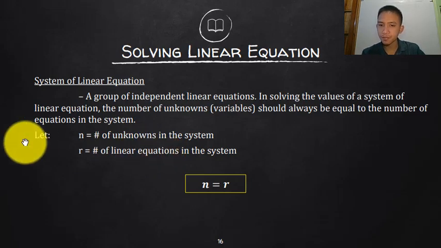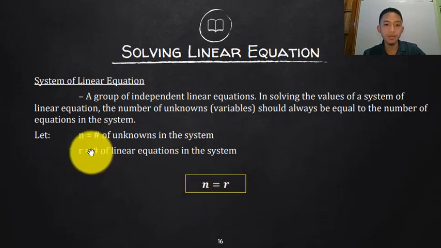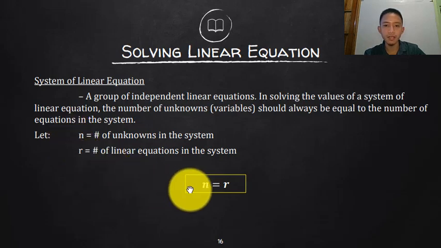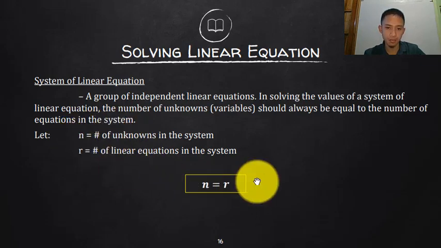Because let's say n, the number of unknowns, is greater than the number of equations, you cannot solve that one. Even if you try to manipulate all of these equations, you cannot solve any of that. How about if it is the other way? Let's say your number of equations in the system is more than your number of unknowns.